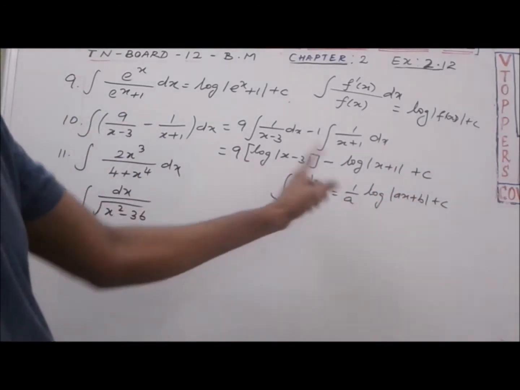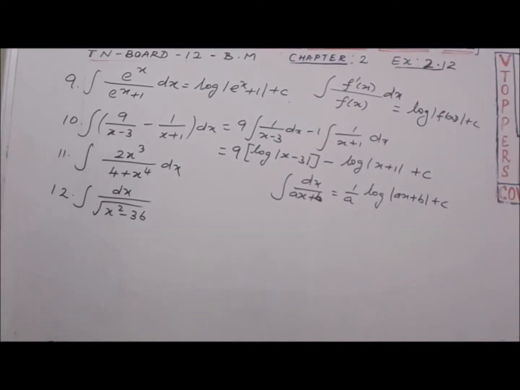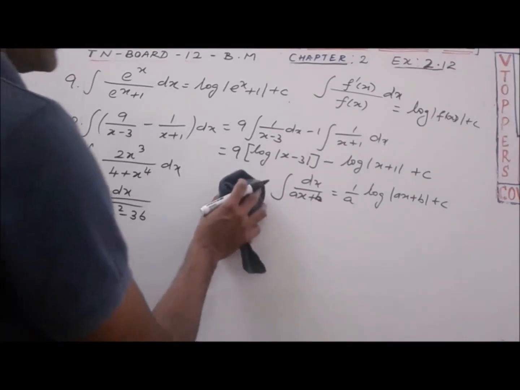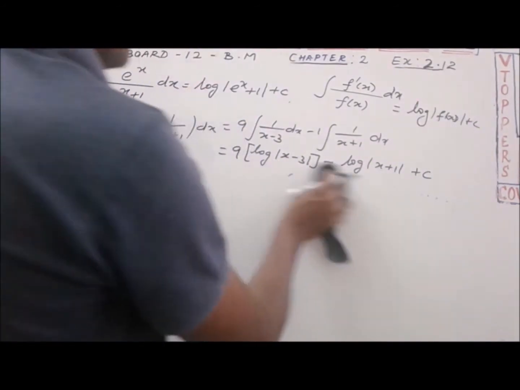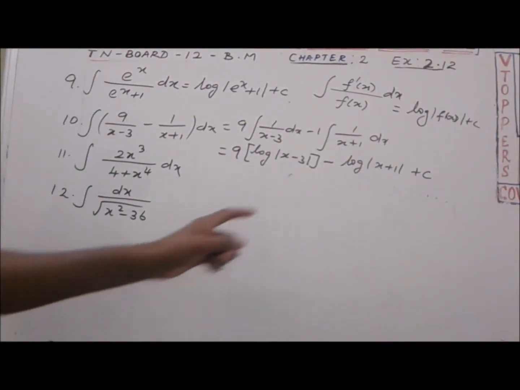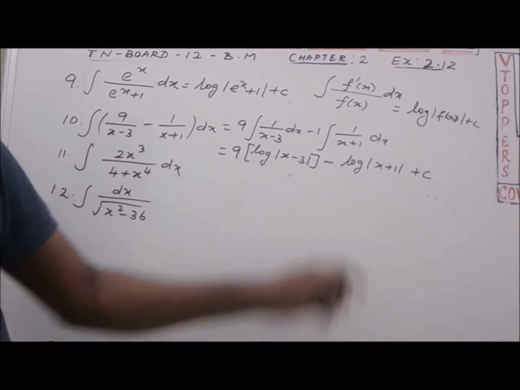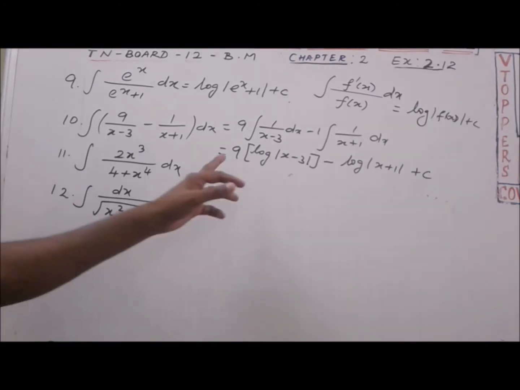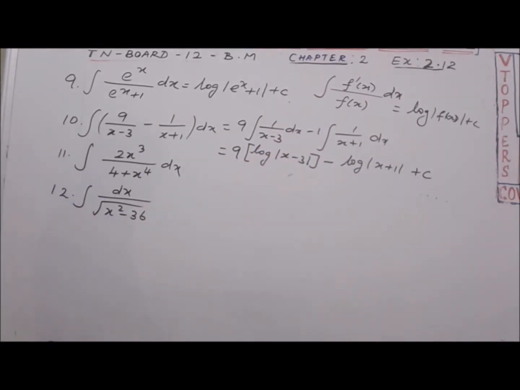Can we simplify these two as log a minus log b? We cannot simplify because here we have 9 and there we have minus log. It can be simplified only when we take this one to the power, and then we can simplify.